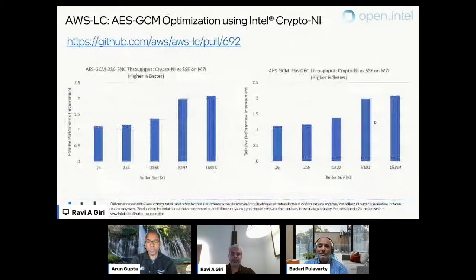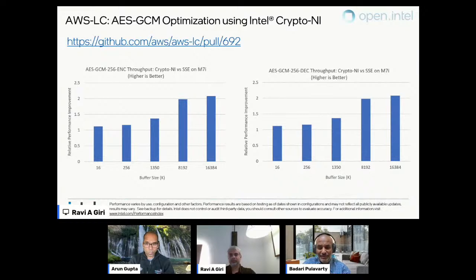It's all yours. Yeah, so like Ravi mentioned earlier, the most heavily used library is called AWS-LC, which provides all the crypto services. There is an AES-GCM implementation and an AES-XTS implementation.